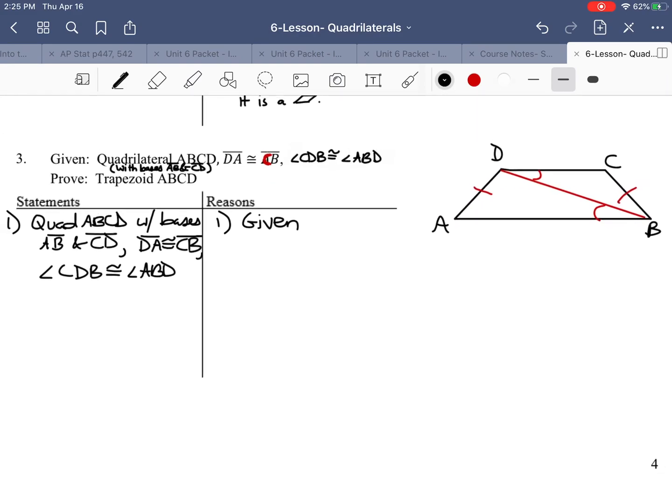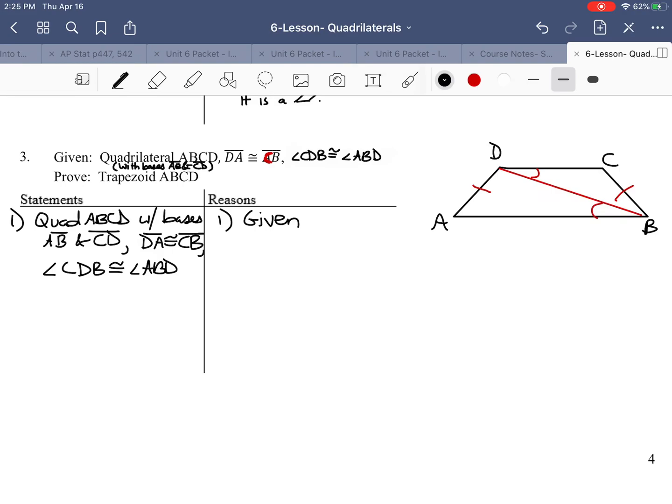Assuming that you've drawn something that's remotely, even close to what it's supposed to be, it will not be deceiving. Also, if you tried to prove these two triangles congruent, it's not going to play out, because the best you could do is come up with the reflexive side here, in which case you're going to come up with the SSA or ASS, which is not an axiom. It's not a method for proving two triangles congruent.